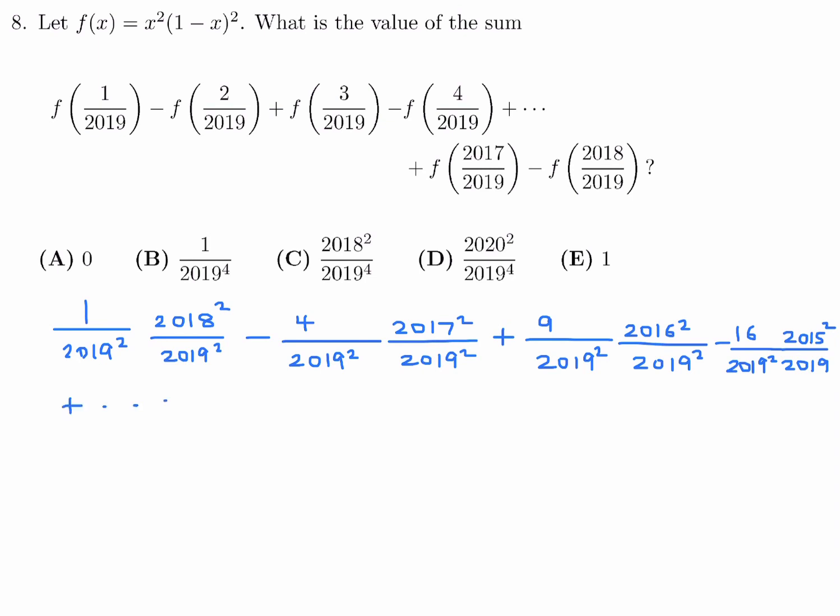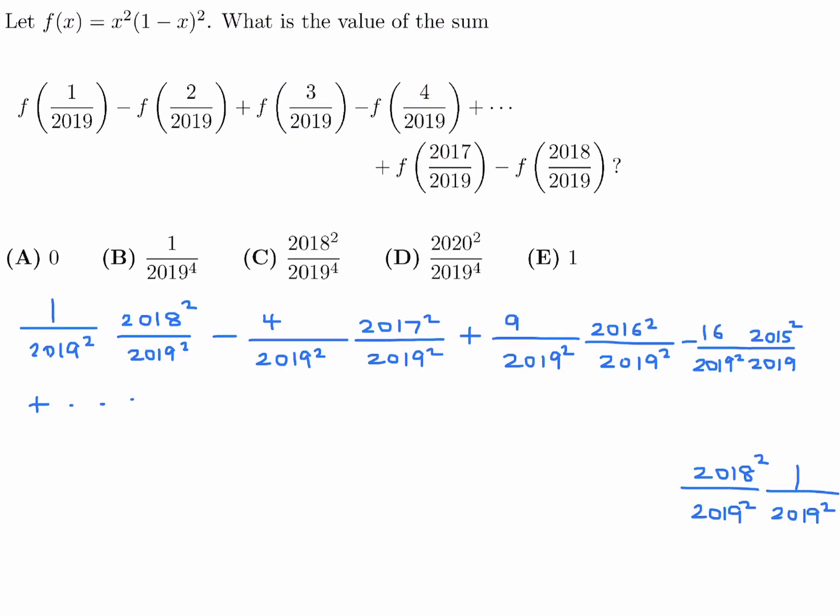And then what I'll do is write the last 4, starting with the very last one and going backwards. The very last one is going to be 2018 squared over 2019 squared, times 1 over 2019 squared.